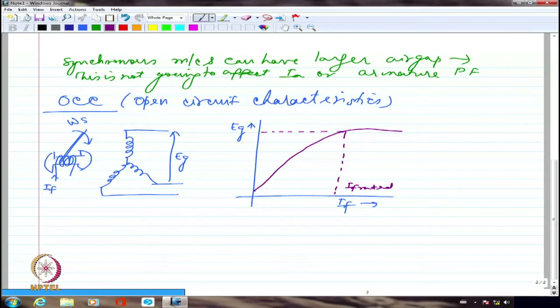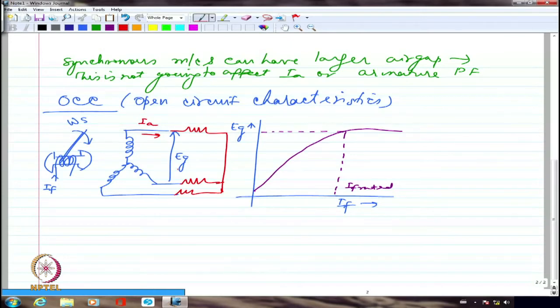Actually, when I am going to connect a load across these, let us say I connect a three-phase resistive load. I am just showing as though I am connecting a three-phase resistive load here. When it is a generator, obviously I am going to load it electrically. Each of them is going to draw a current which is probably IA.